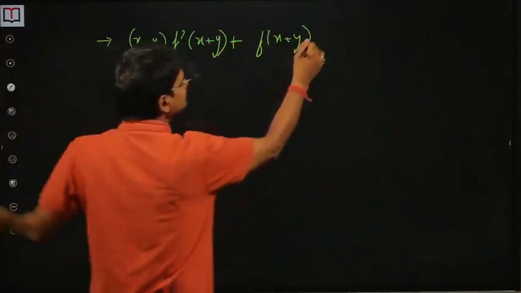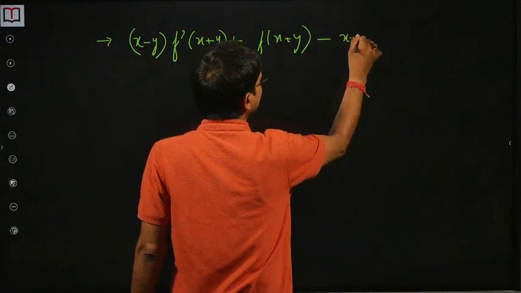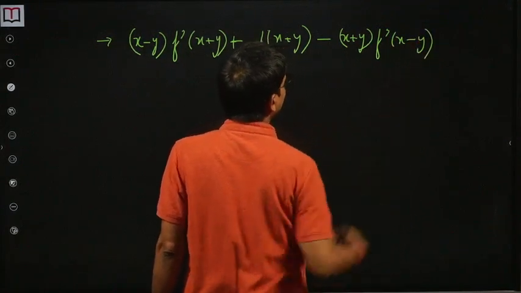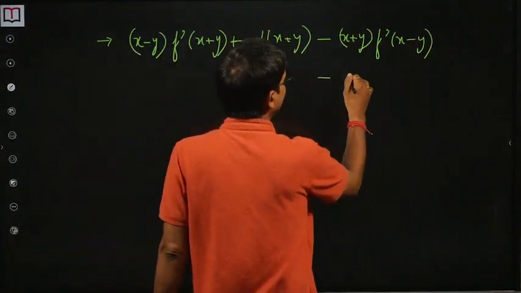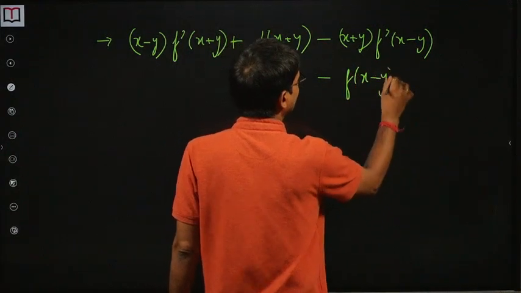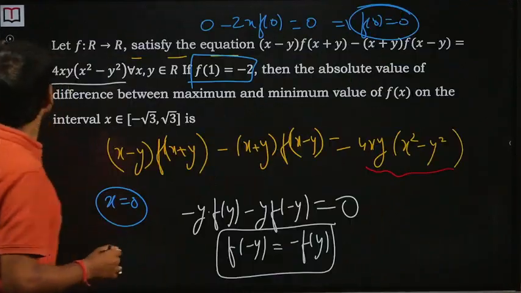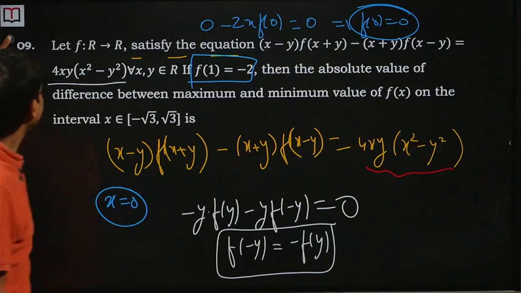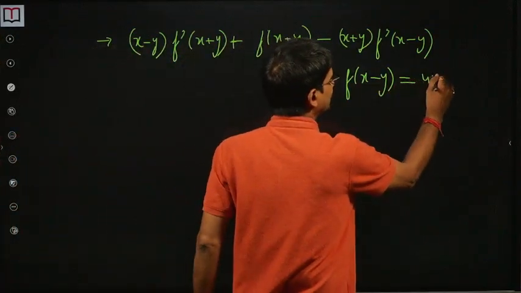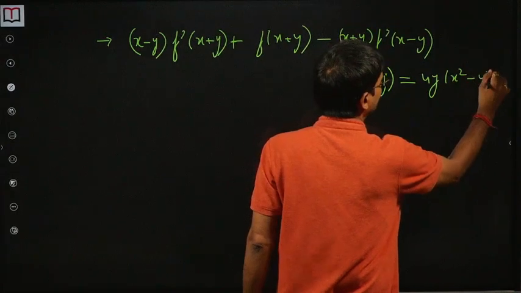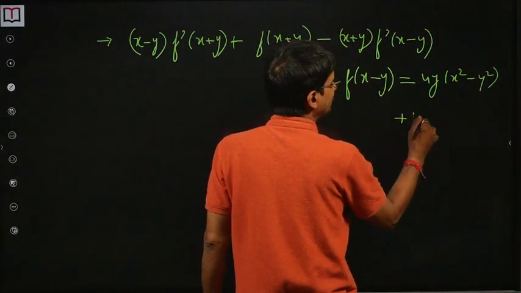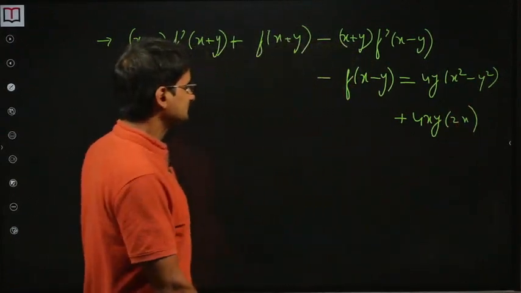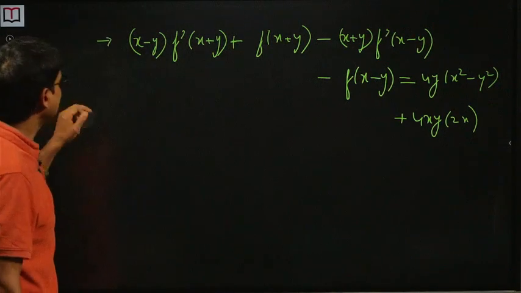Then minus x plus y as it is, f dash of x minus y, and then minus f of x minus y is equal to, with respect to x, 4y into x square minus y square plus 4xy into 2x. I think that's done, isn't it?